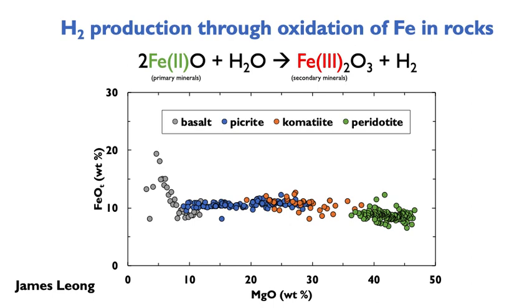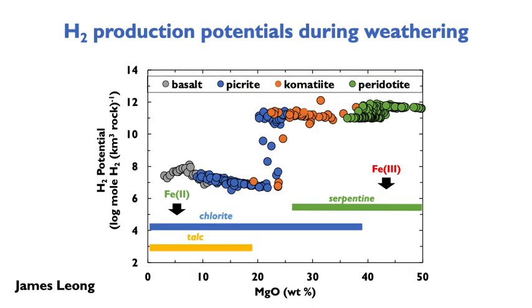So why is there such a wide difference in hydrogen in the fluids produced from alteration of these rocks? The answer lies in where the iron ends up. These are results of James Leong's calculations of what will happen during weathering of all these different rocks in terms of their potential for production of hydrogen.